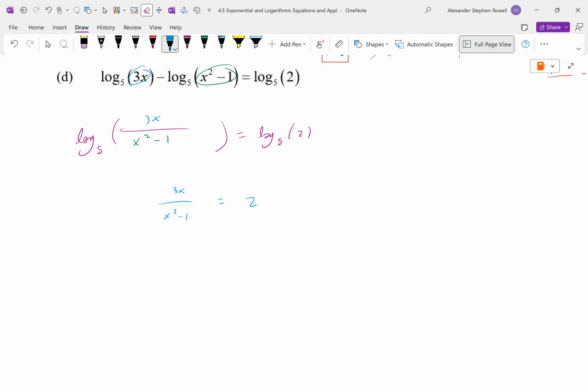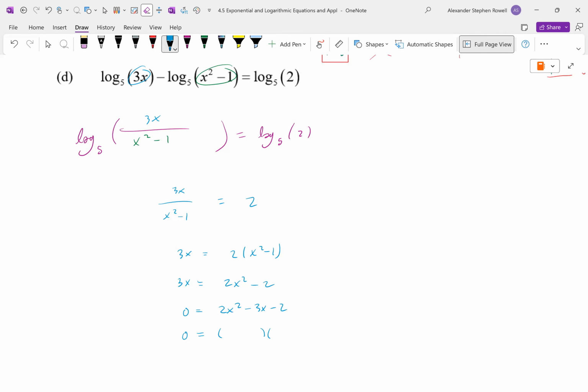Now we solve the rational equation. So we multiply both sides by x squared minus 1. Then we're left with a quadratic. And we solve the quadratic by making one side 0: 2x squared minus 3x minus 2.